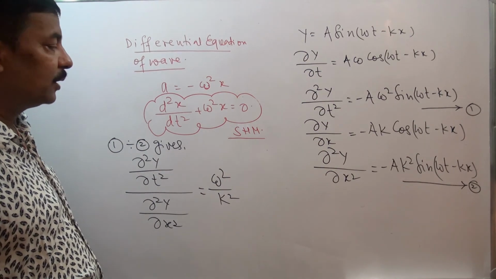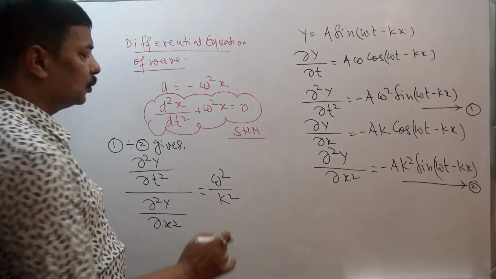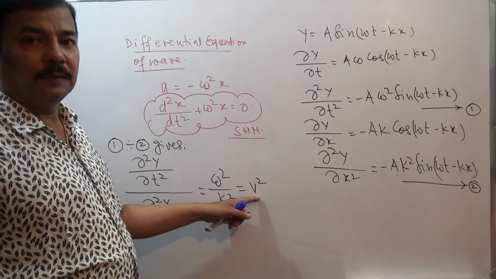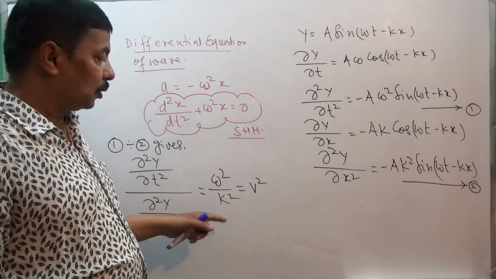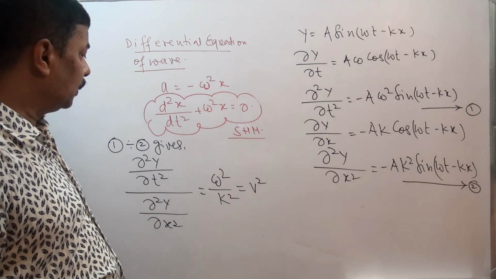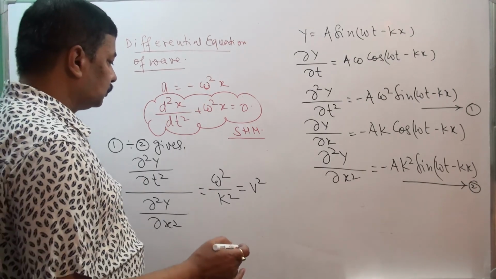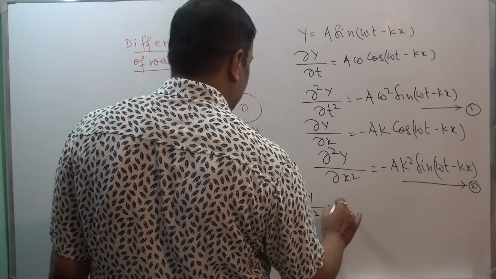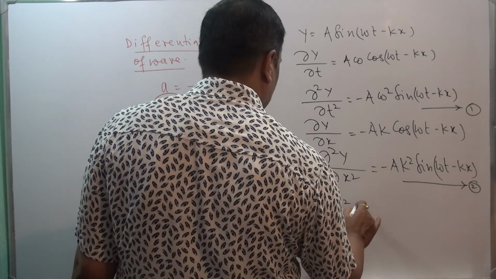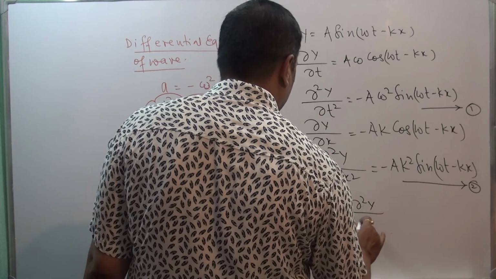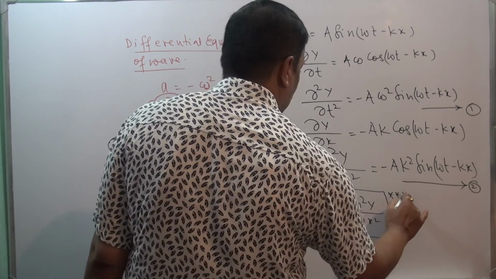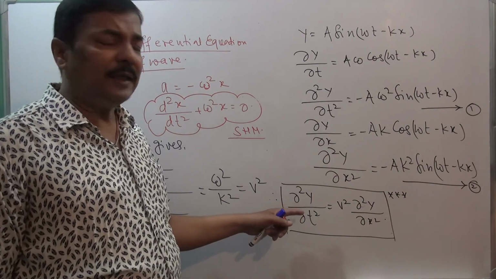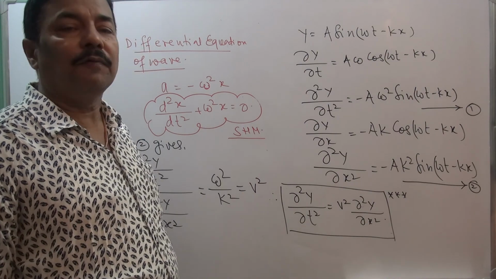Omega by k is v, so this is v square, where v is the wave velocity. So we get delta 2y by delta t square is equal to v square delta 2y by delta x square. This is the differential equation of wave.